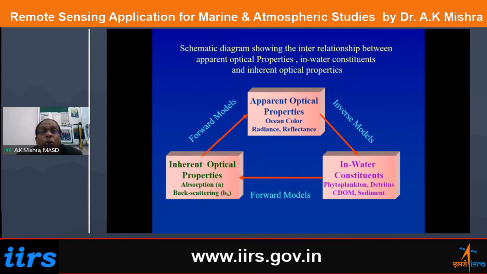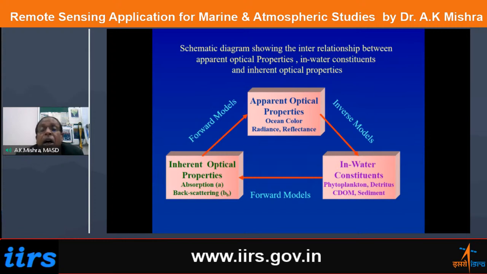So what you have to know to develop a biooptical algorithm is you have to study the inherent optical properties of the water molecule, as well as the chlorophyll, means phytoplankton that is present in the water. So you will study the absorption and backscattering characteristic of the substances present, and you will relate these inherent optical properties to the reflectance of the water.